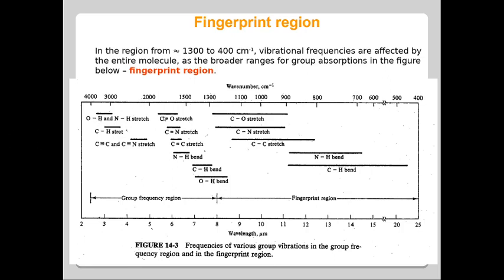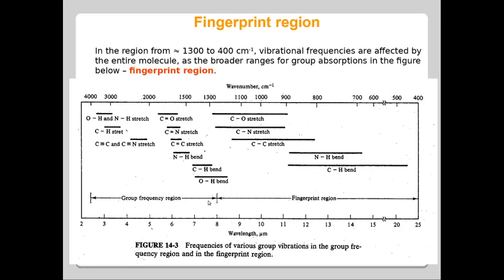So this region, from 1400 to 4000 centimeter inverse, is called the functional group region or group frequency region. If you see this graph, you can see that the vibrations of the carbonyl functional group, OH functional group, NH functional group, and this type of functional group vibrations can be identified in this functional group region.